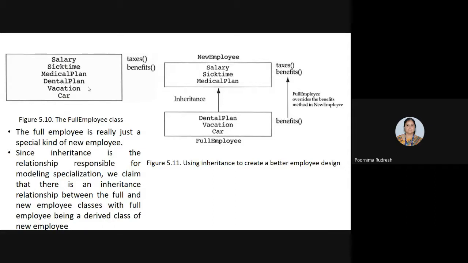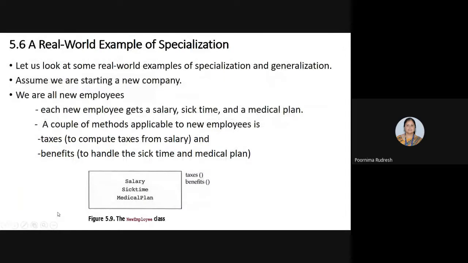Initially the employees are taken on a contract basis. Let us consider that after 6 months of working, if the employee has worked for 6 months, then that employee is treated as a full employee, which means the employee gets permanent.